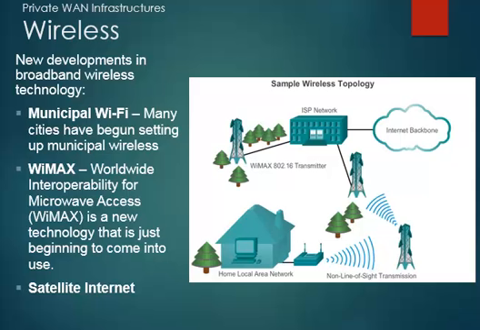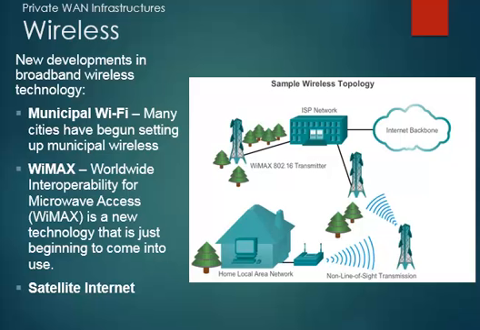The following new developments in broadband wireless technology are changing this situation. For example, now we have municipal Wi-Fi. Many cities have begun setting up municipal wireless networks. Some of these networks provide high-speed internet access for free or substantially less than the price of other broadband services. Others are for city use only, allowing police and fire departments and other city employees to do certain aspects of their jobs remotely.